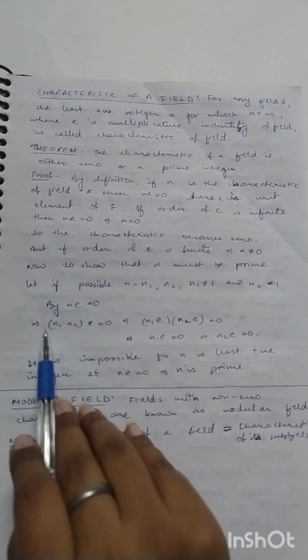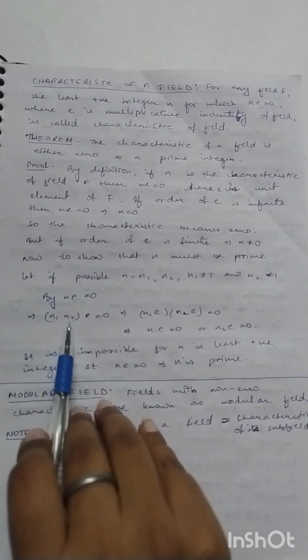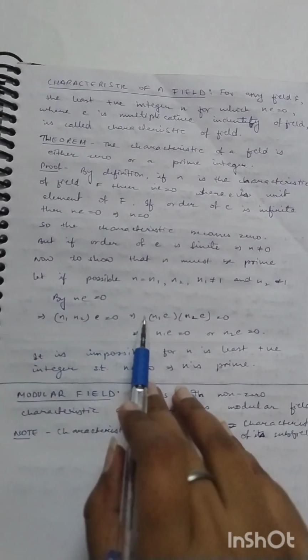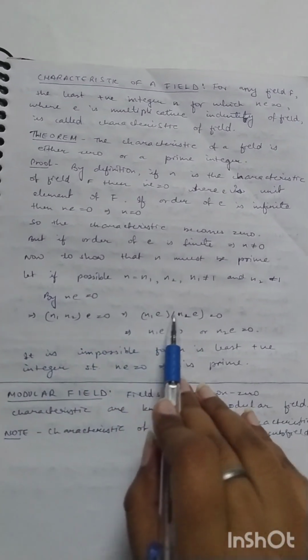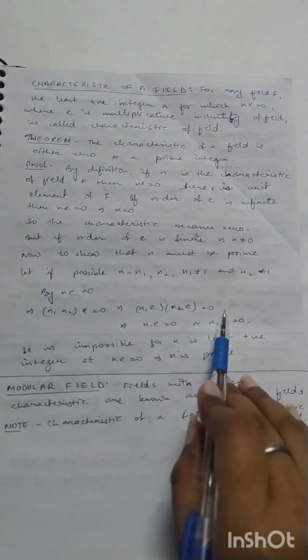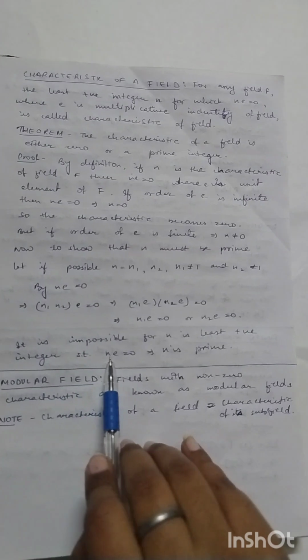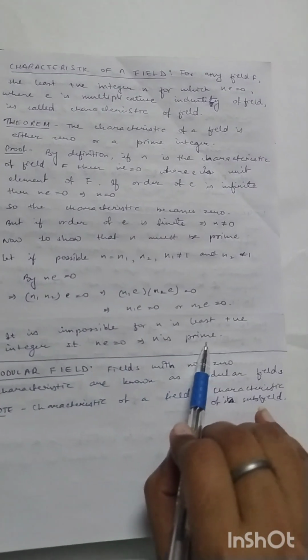From ne is equal to 0, we show that (n1 n2)e is equal to 0. This implies that (n1 e)(n2 e) is equal to 0, so n1 e is equal to 0 or n2 e is equal to 0. This is impossible since n is the least positive integer such that ne is equal to 0. This gives that n is prime.